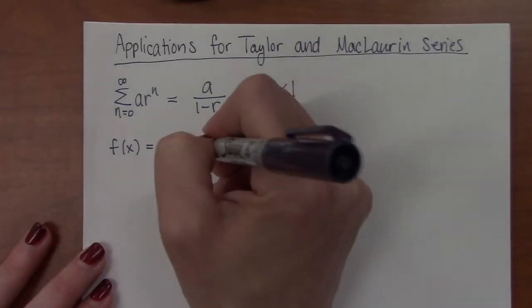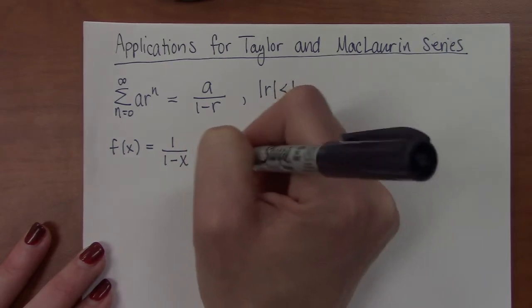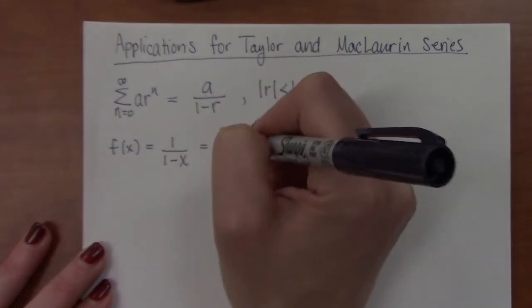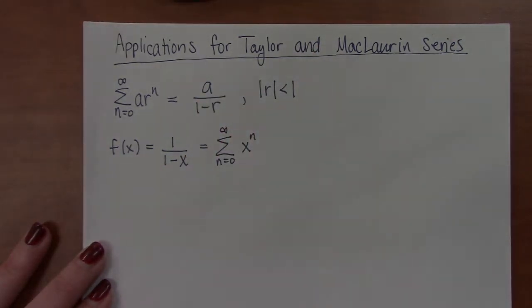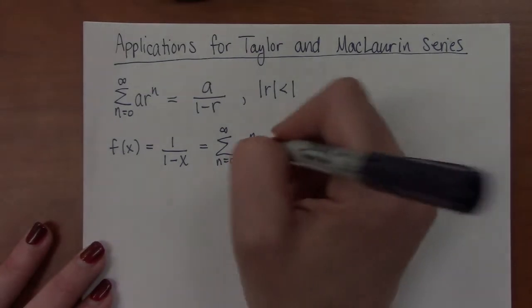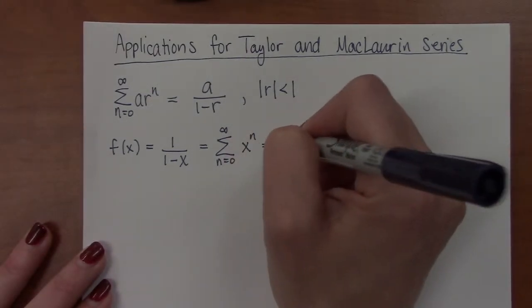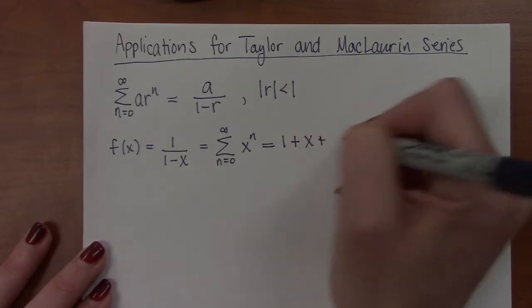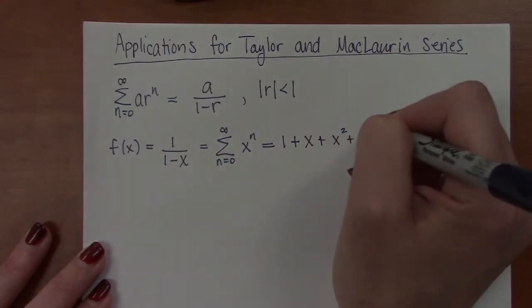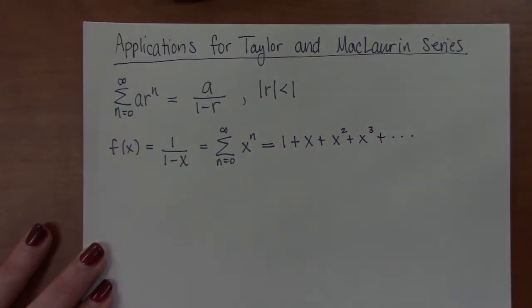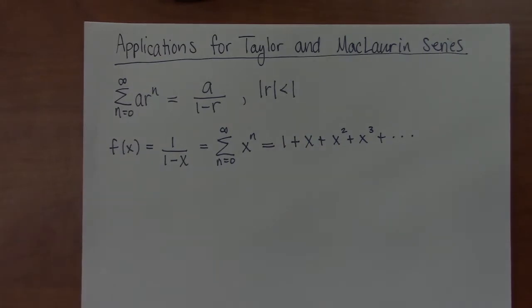So we can write this as the series of 1 times x to the n, and if we expand this out, it's just going to look like this. There would be no reason to take this from scratch.